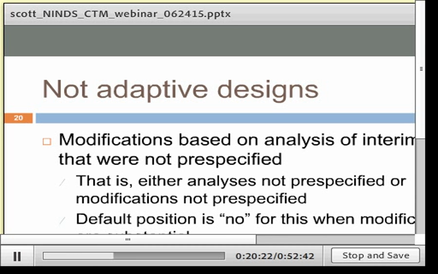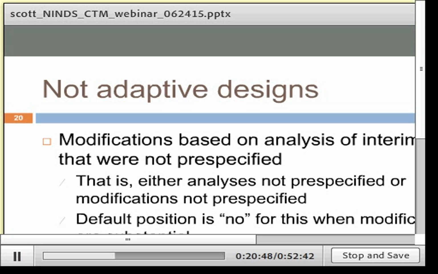Another class of things that aren't considered adaptive designs are modifications that are based entirely on external information to the study. So for instance, maybe you're running a study in glioblastoma and another very large clinical trial in glioblastoma is published, and it teaches you something about what your endpoint should be or what your inclusion-exclusion criteria should be, and you want to make a modification based on that.